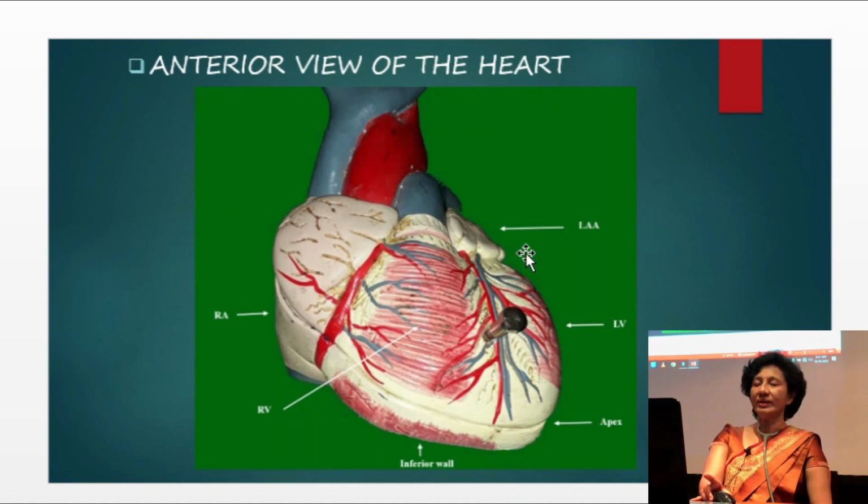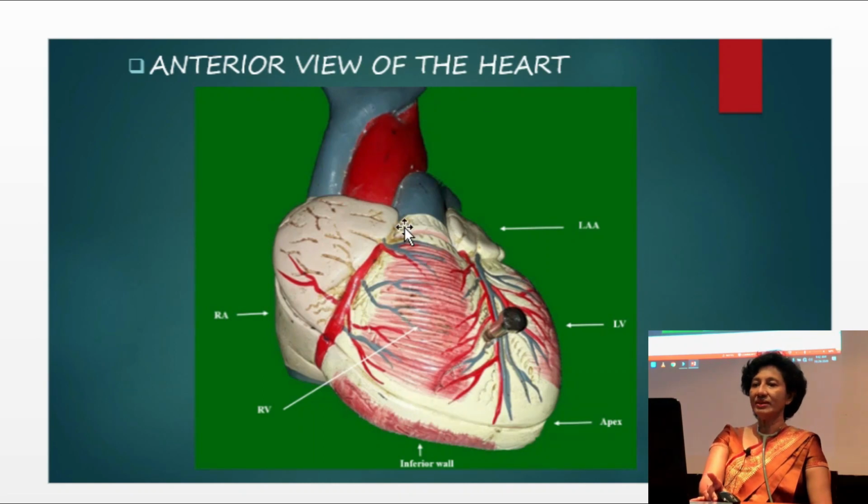At the base of the heart, to the right, anteriorly, what you can see is the right atrium. Then to the left, midway, you can see the main pulmonary artery, and this is the right ventricular outflow tract, and this is the right ventricle.